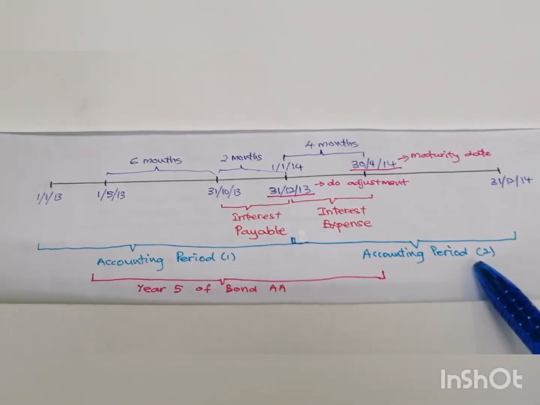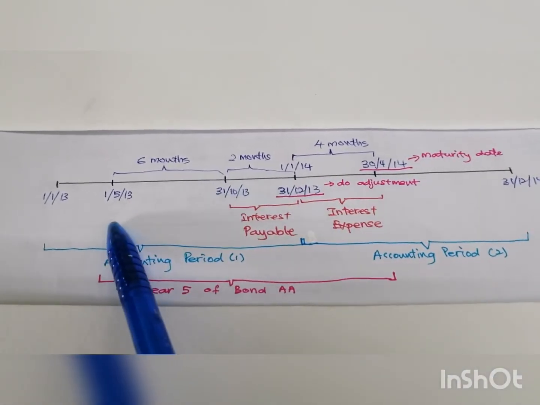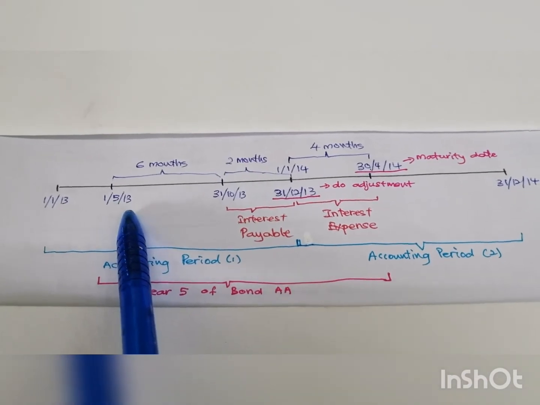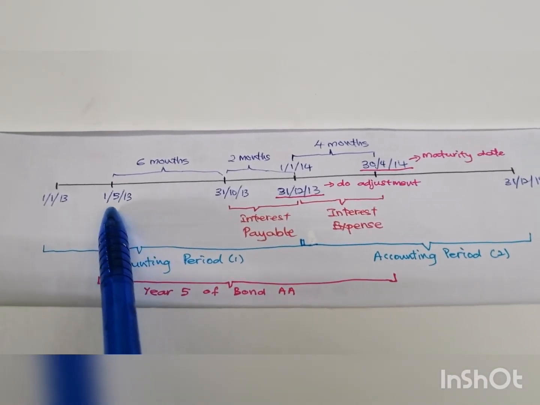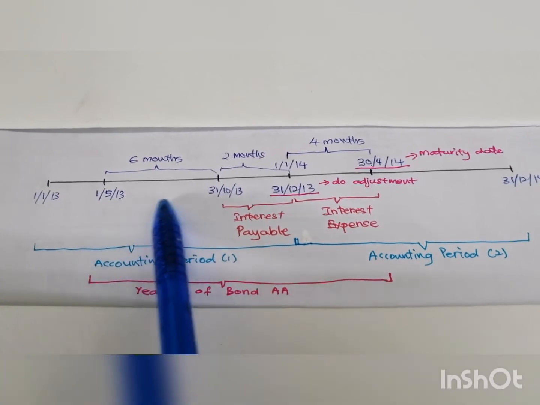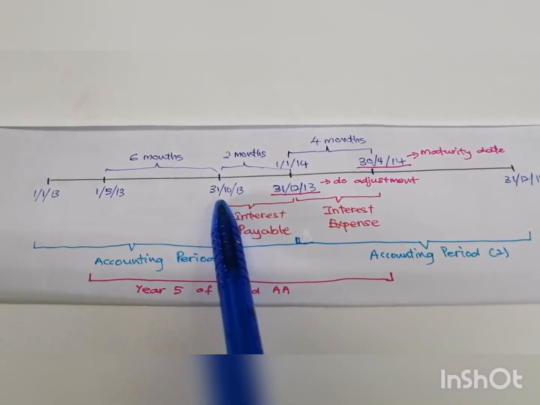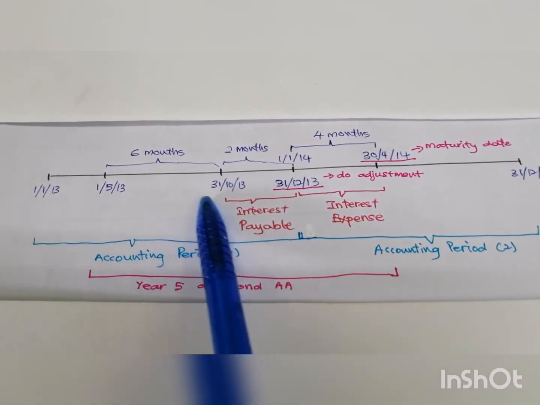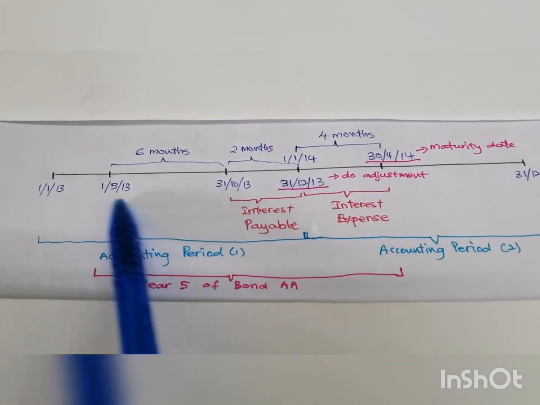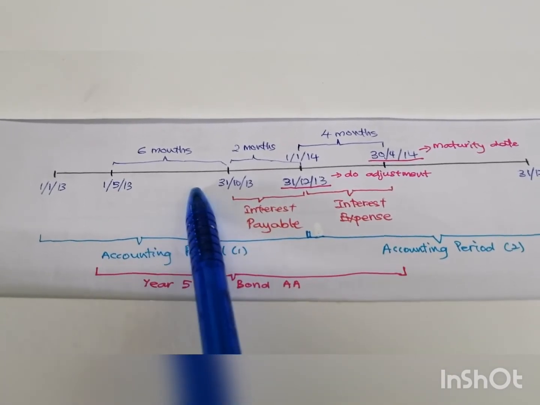Okay, now we look at the first one. For the year 5 of bond AA, start on 1st May 2013 until 31st October 2013. This is exactly 6 months. So here you will need to do the interest expenses.